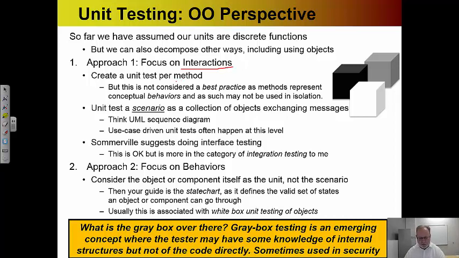I could write a unit test per an individual method on an object, and you will do that. But from an object-oriented perspective, this is still considered somewhat functional because the output of a non-static method on an object depends on the state of the object.